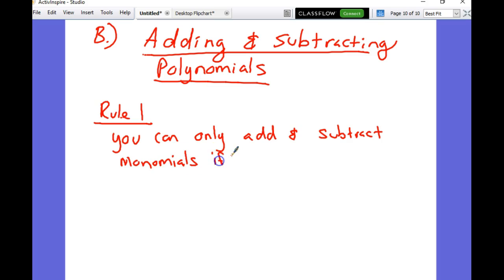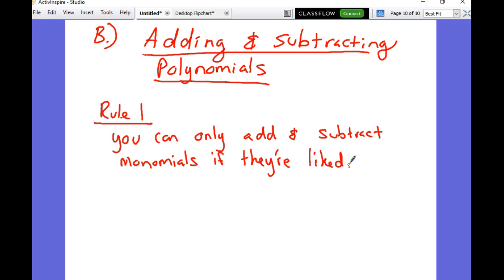Does this go the same for binomials and trinomials? Well, I'm just going to say monomials because basically a binomial and trinomial is just a bunch of those put together, right? So yes, the same rule will apply.